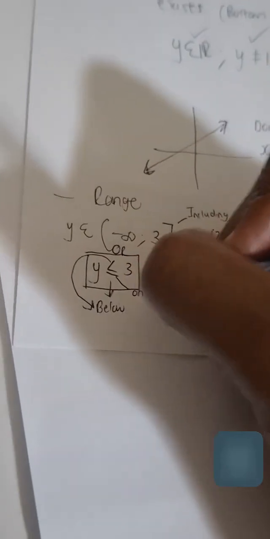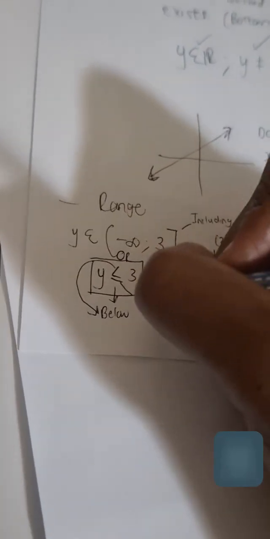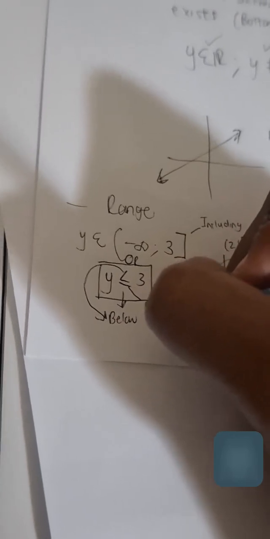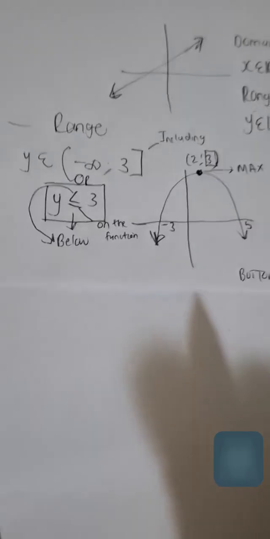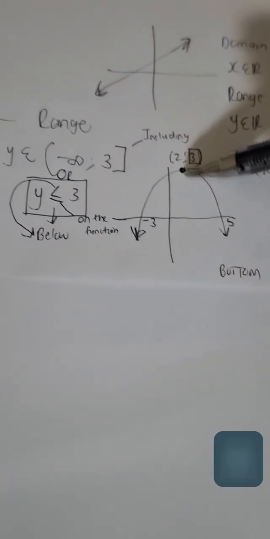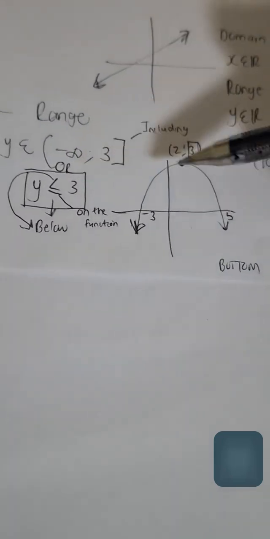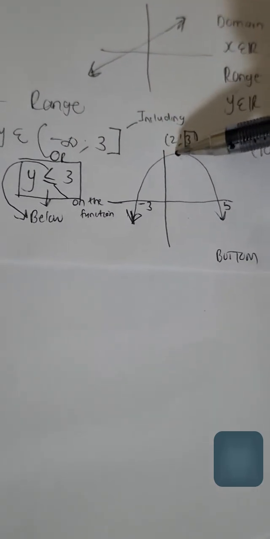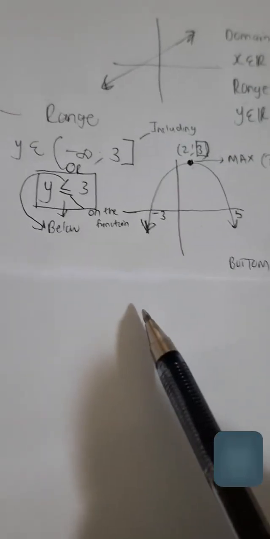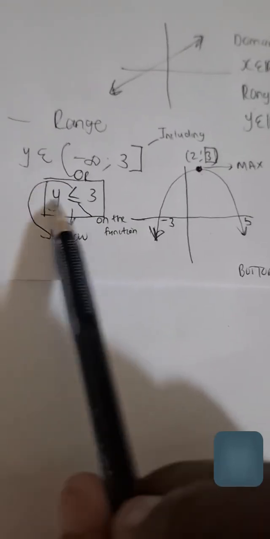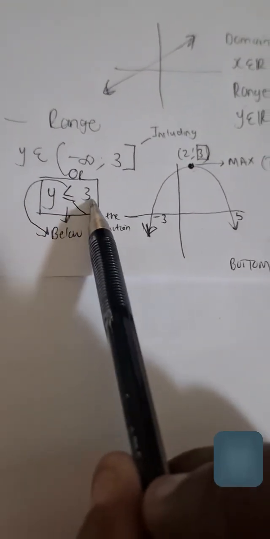Equal means on the function. So y is below the value of 3, but on the function at 3. So that's why we can write the answer as y is less than or equal to 3.